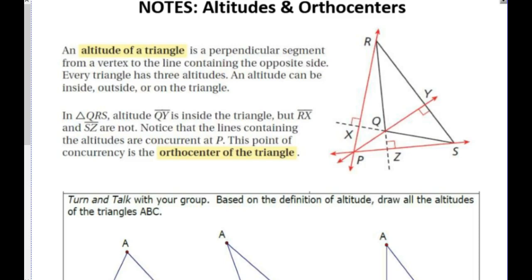So, let's talk about triangle altitude. An altitude of a triangle is a perpendicular segment from a vertex to the line containing the opposite side. Every triangle has 3 altitudes, and just like the last couple notes, when those 3 lines cross, that's called a point of concurrency, and that point of concurrency gives us a center that's called the orthocenter.